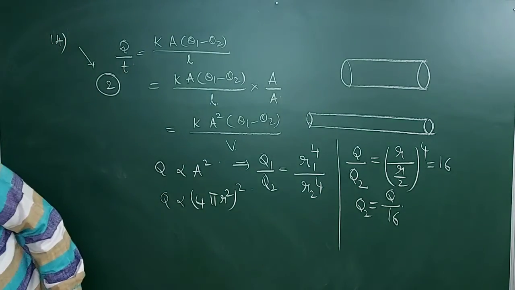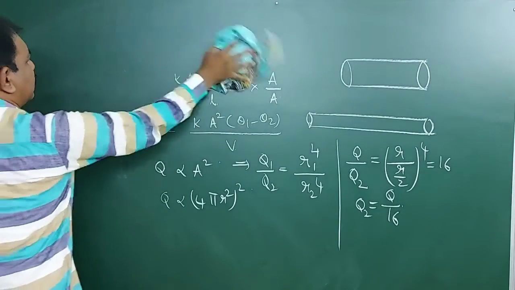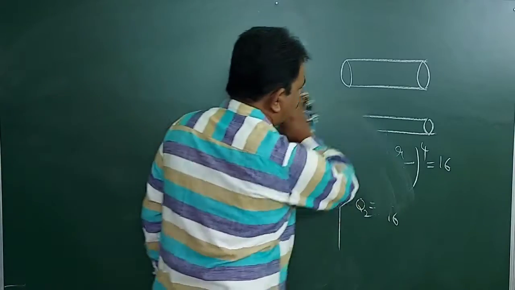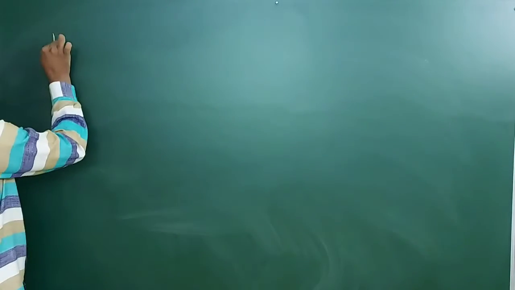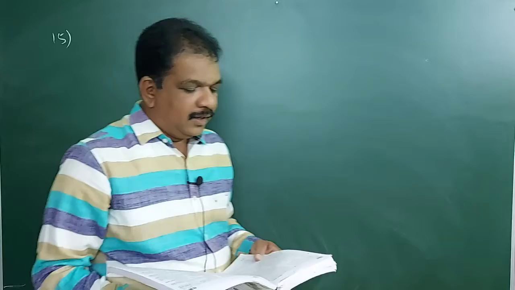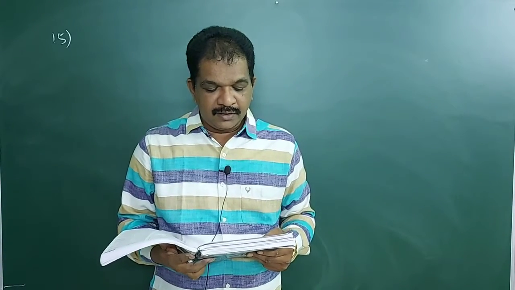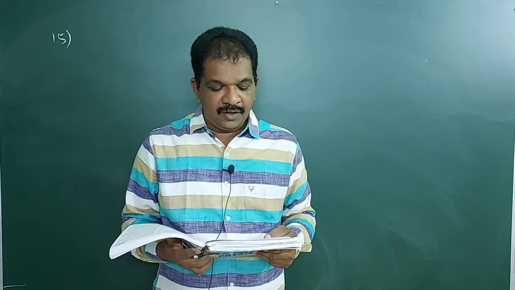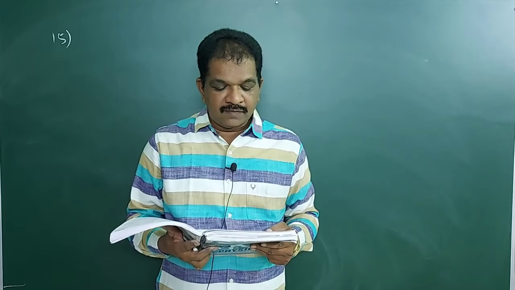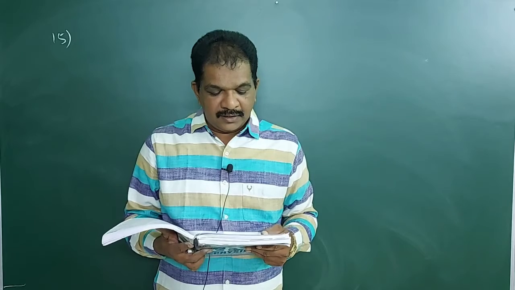Next, see the 15. 15 is also a repeated one. What they are asking: the total radiant energy per unit area normal to the direction of incidence received at a distance capital R from the center of a star of radius R, whose outer surface radiates as a black body at a temperature T, is?